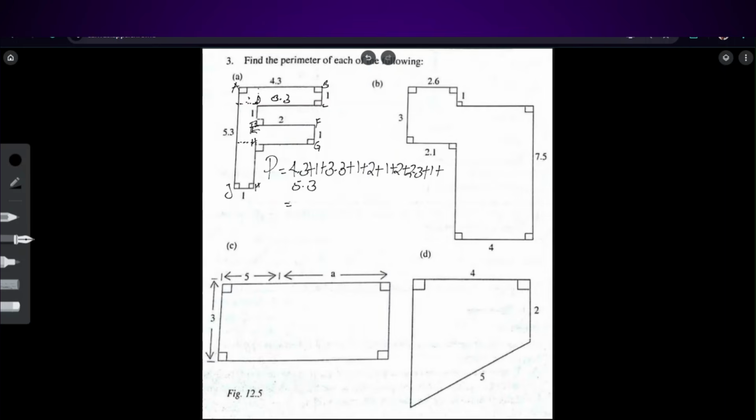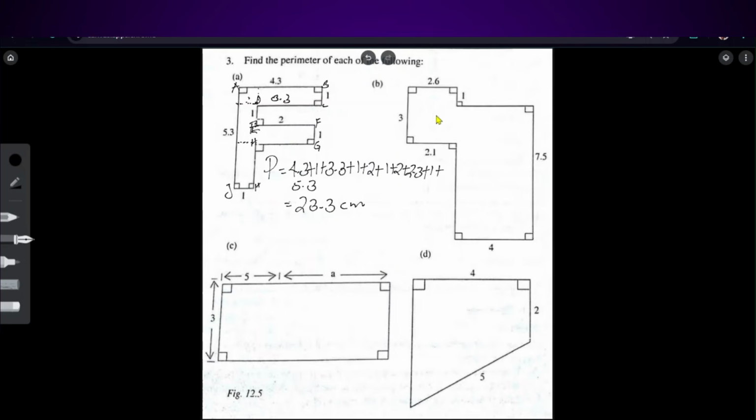What is your answer? My answer, if I work that out, is 23.3 centimeters. So that is the distance around this figure, the perimeter of this figure.